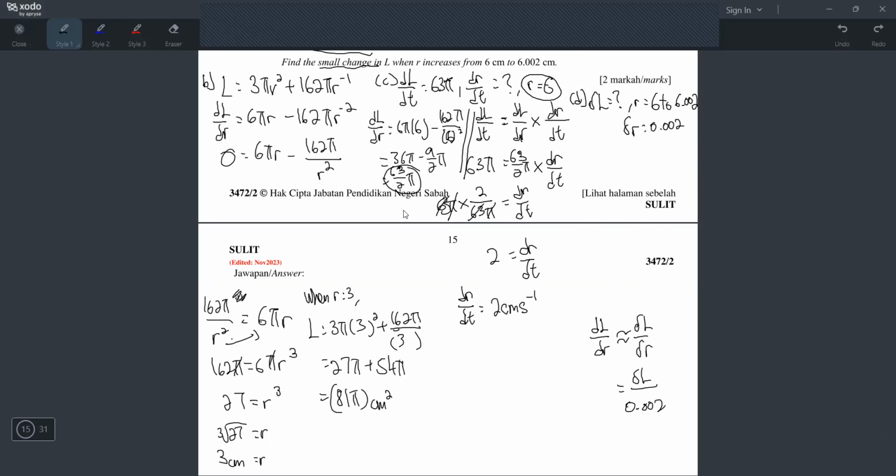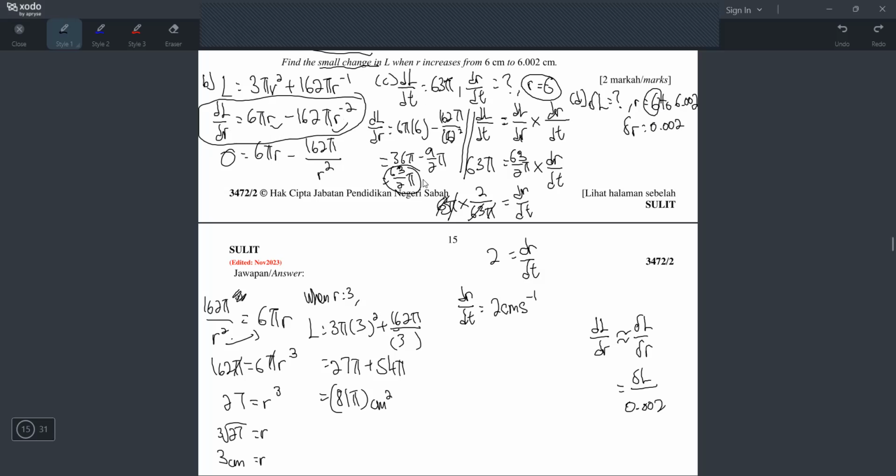Okay, actually can, can. Because coincidentally, when you find the dL/dR, you have to make sure it is in terms of R, and you have to substitute the R with the original value, which is the old value of R. So what is the old value now? 6, right? So that's why you have to substitute R as 6, then only you can write here. And coincidentally for your C question also just now you substituted 6.